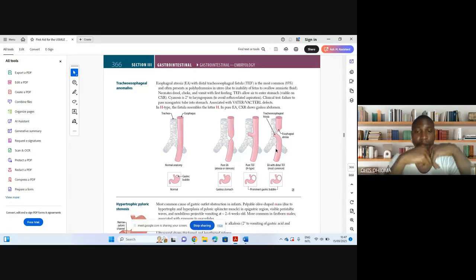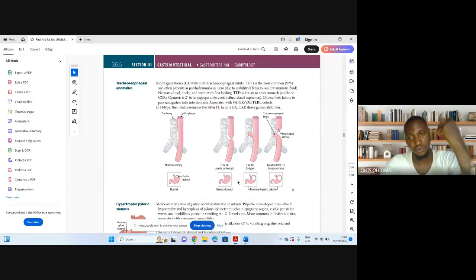Now, basically what happens here with this bubble sign that you see, this prominent gastric bubble, is that as you breathe in, typically, when you do a normal X-ray, you see the gastric bubble. That happens because, of course, gas is lighter, and so food comes down, gas goes up, right?